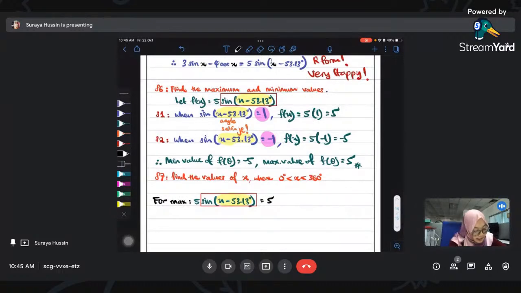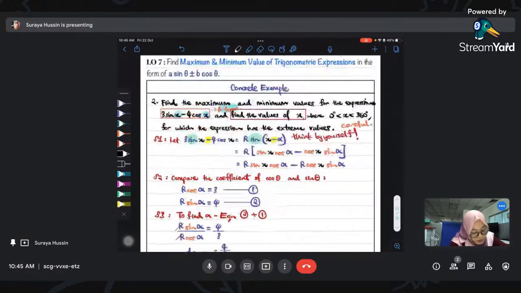Kita baca balik soalan. Dia kata find the maximum and the minimum values of the expression of R form ini, and then find the values of X. Dia tak suruh kita cari value of X dulu. Dia suruh kita cari minimum dan maximum dulu.